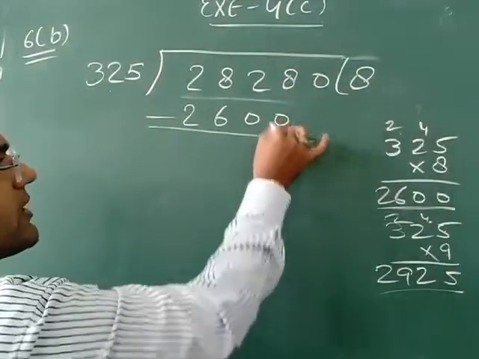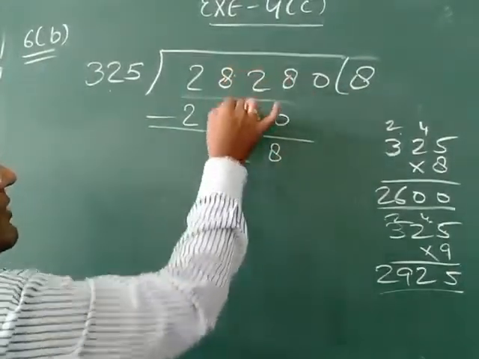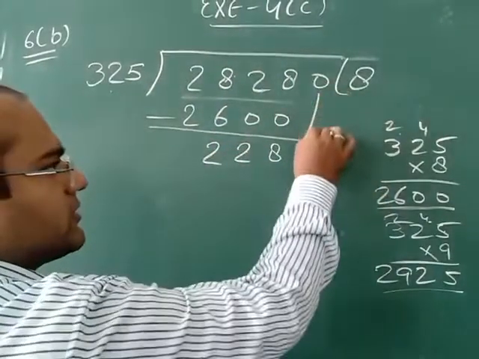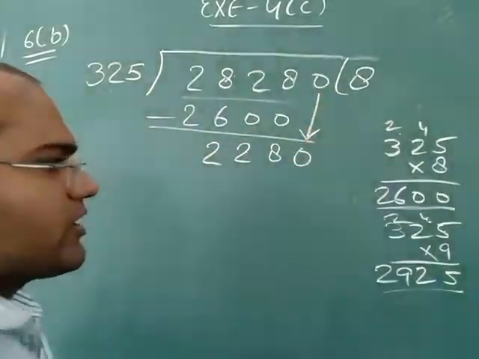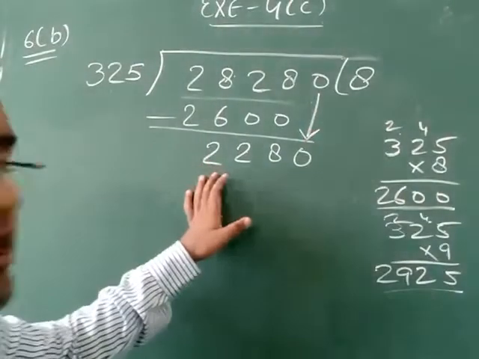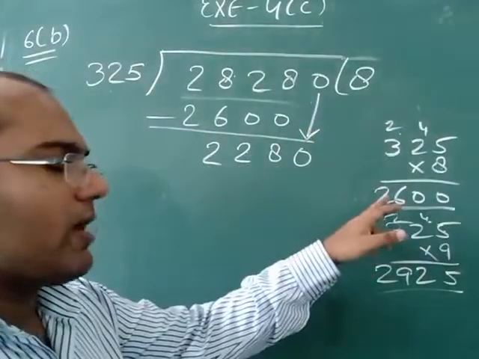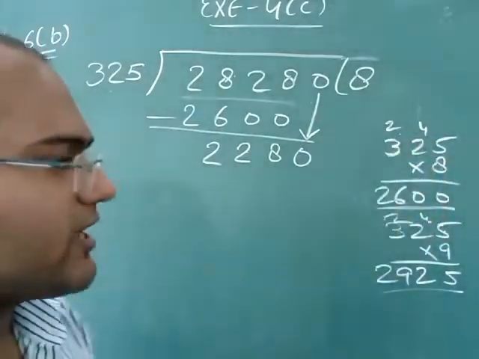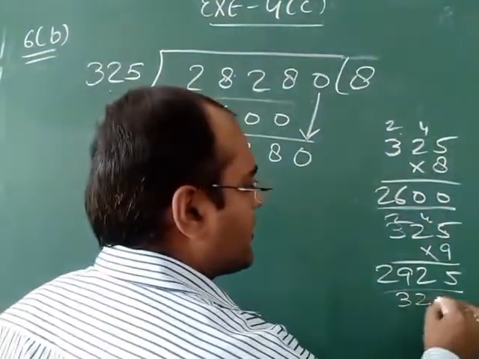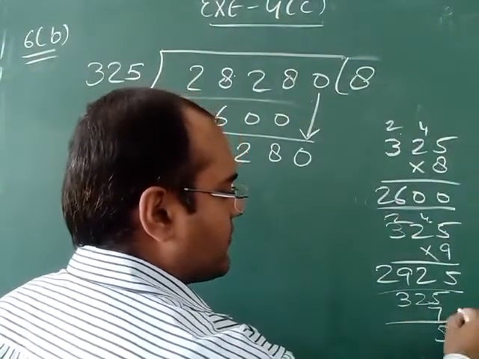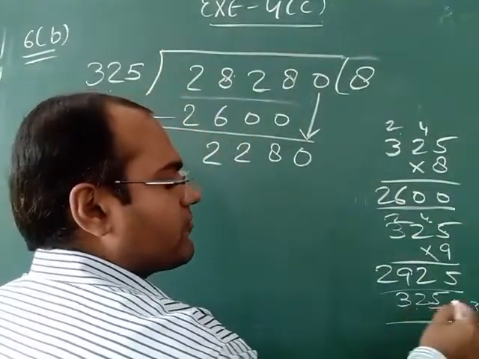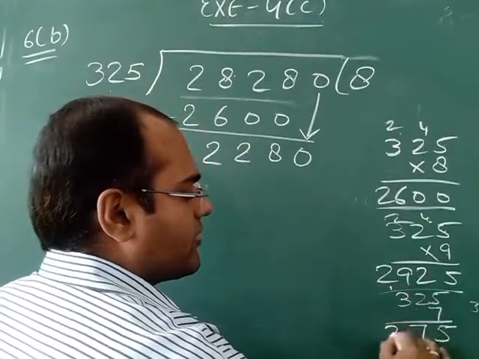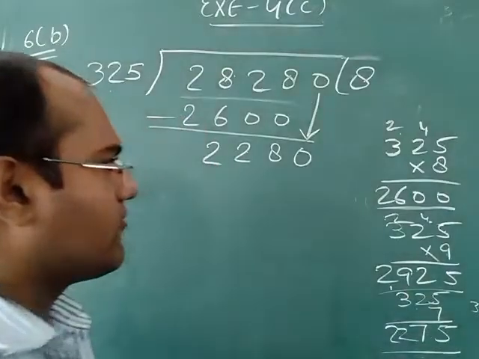8 minus 0 will be 8, 2 minus 0 will be 2, 8 minus 6 will be 2. Now this 0 we have to bring down. This is 2,280 and what do we have here? 2,600. We need to take a smaller one. We took 325 8 ja; now try 325 7 ja: 7 5 ja 35, 7 2 ja 14, 14 plus 3 17, 7 3 ja 21 and 1, 22, so 2275.